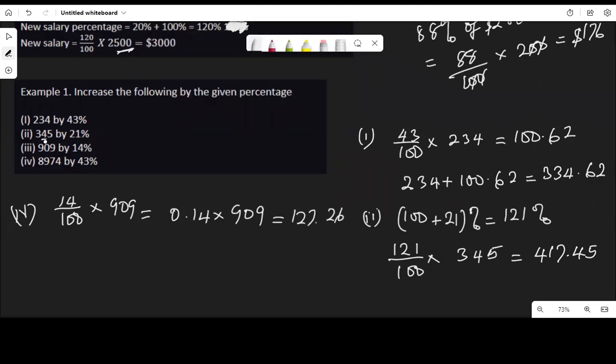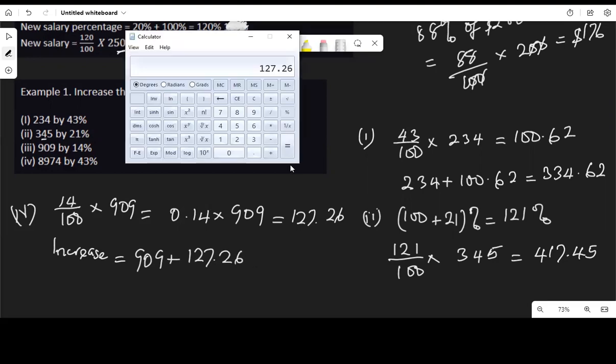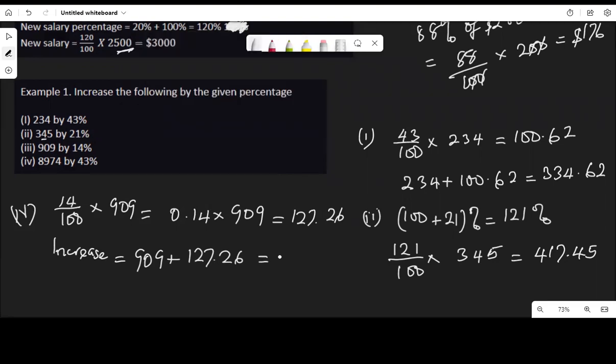Then we are increasing 909 by 14%. Therefore, the increase will be 909 plus 127.26, which is 1036.26.